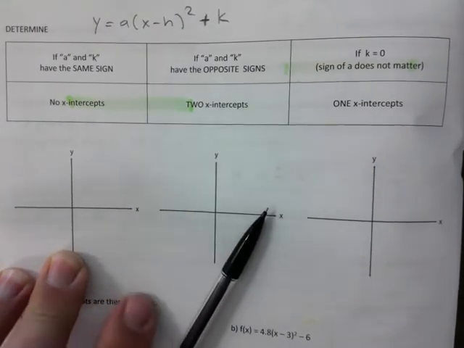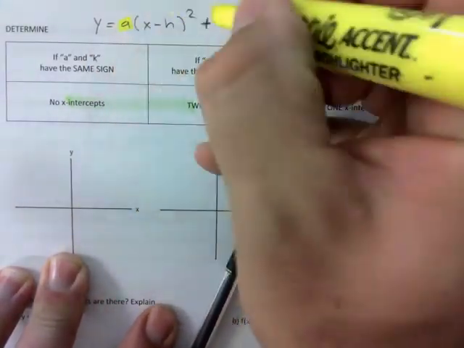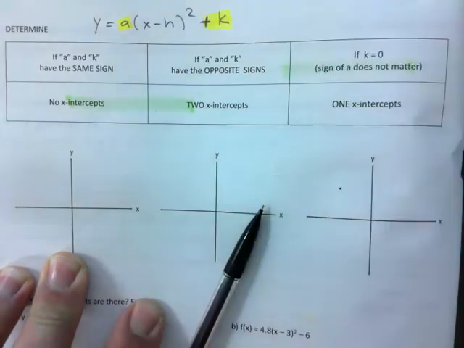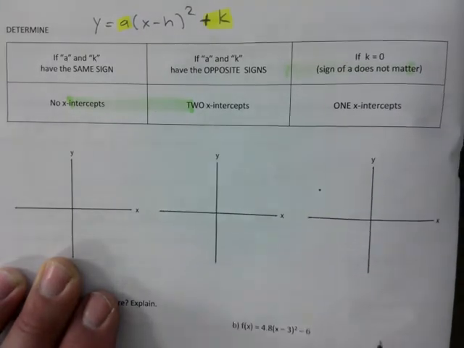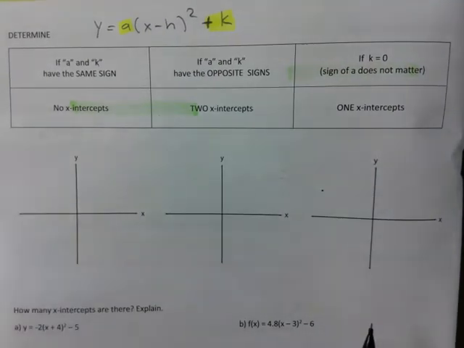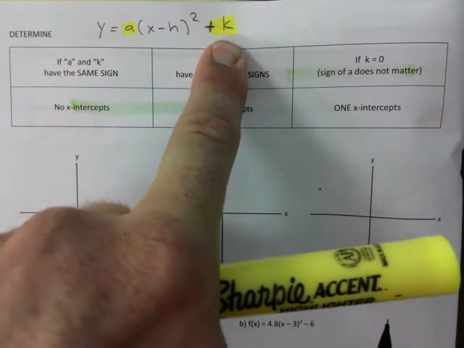Everything right now has to do with A and K. Right? When you're trying to figure out how many x-intercepts this thing will have, you can always type this in and figure it out, but I will sometimes ask you to explain how you know. And that's where you need to mention A and K, right?